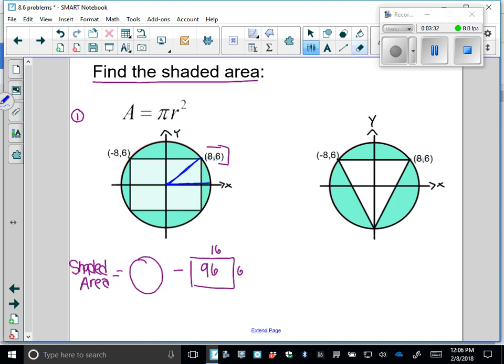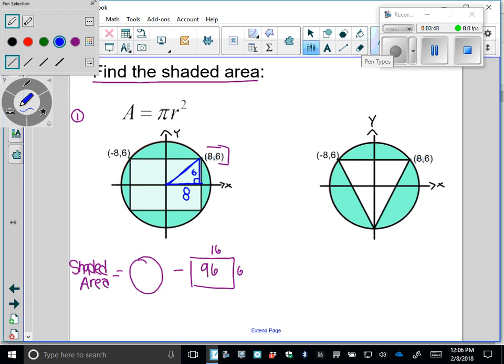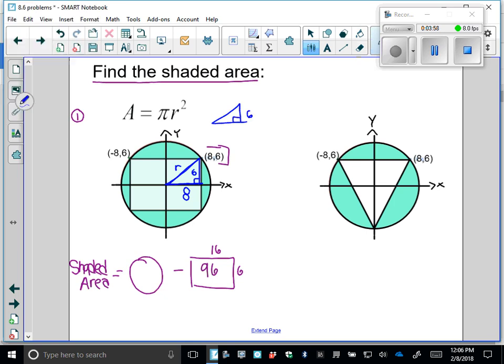So when we think back at the 8 and the 6, since this is 8 right here, and this is 6 here, it's not so useful to think of the radius there, but it is useful to think of the radius here because we have a right triangle, and like we've seen before with right triangles, you can use the Pythagorean theorem, or hopefully you know your Pythagorean triplets and already know the radius is 10, but just in case you don't, 6 squared plus 8 squared is equal to the radius squared. 6 squared is 36, 8 squared is 64.